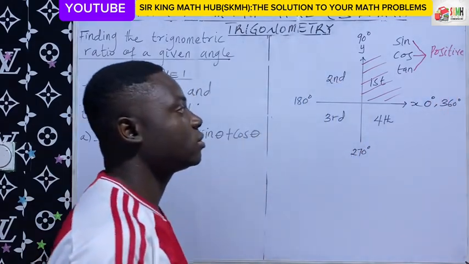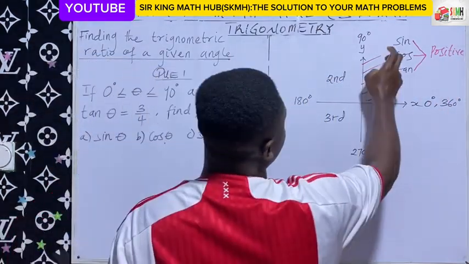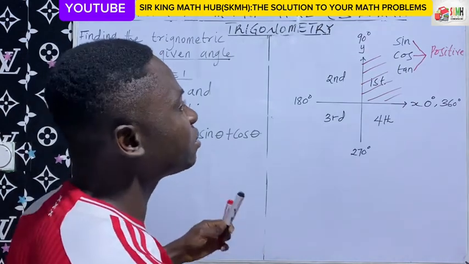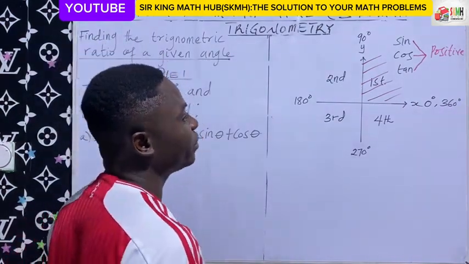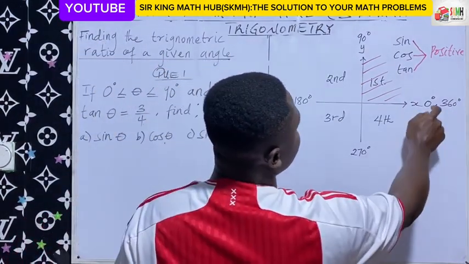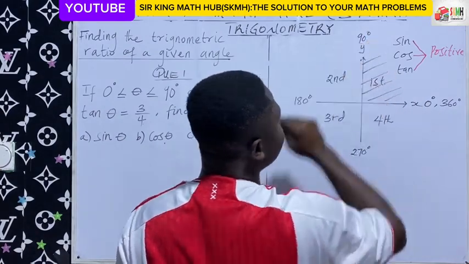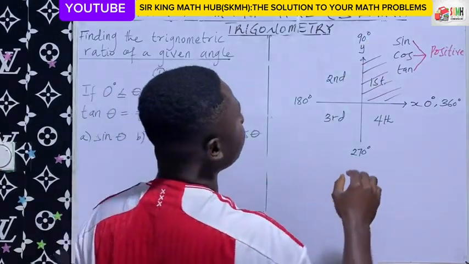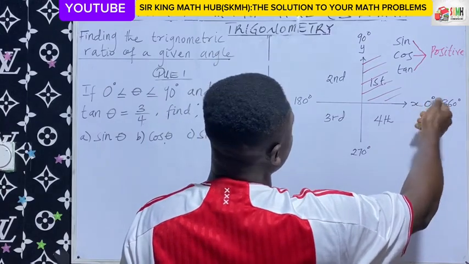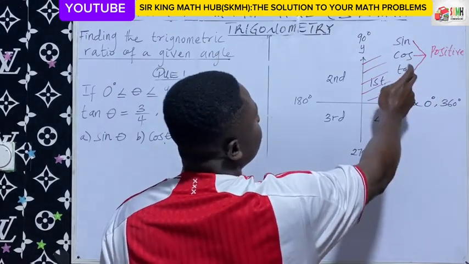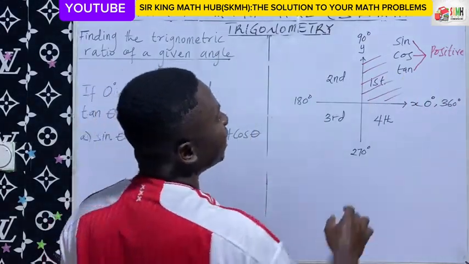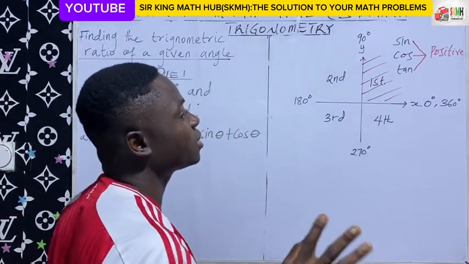So take note, this region here is called the first quadrant, and the range of angles within the first quadrant is from 0 degrees to 90 degrees. So any angle that measures from 0 degrees to 90 degrees is said to be in the first quadrant. And again, in the first quadrant, all the trig ratios are positive.